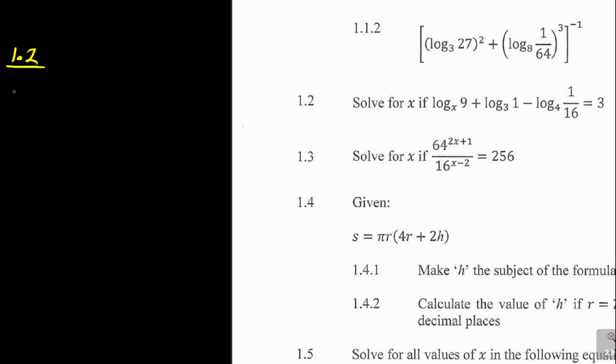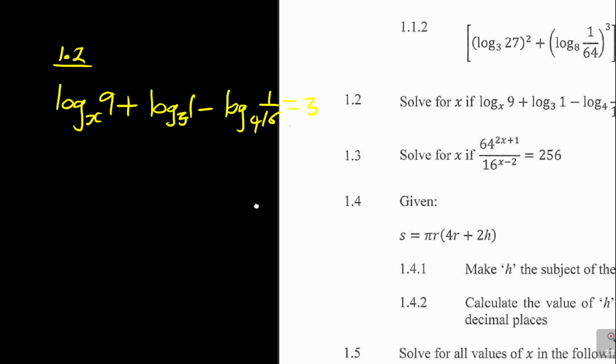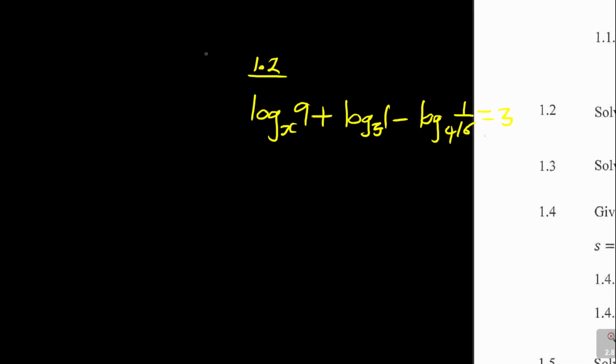Look at this. It says log in base x of 9 plus log in base 3 of 1 minus log in base 4 of 1 over 16 is equal to 3. So we need to solve for x. The good thing about questions like this, when you're solving for x, you can literally test them.